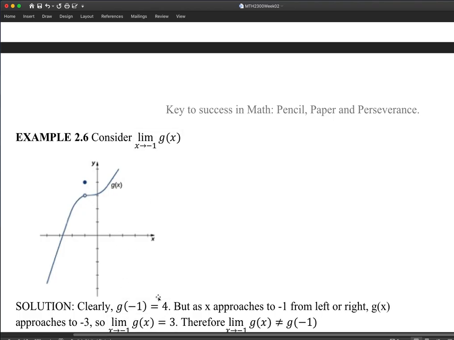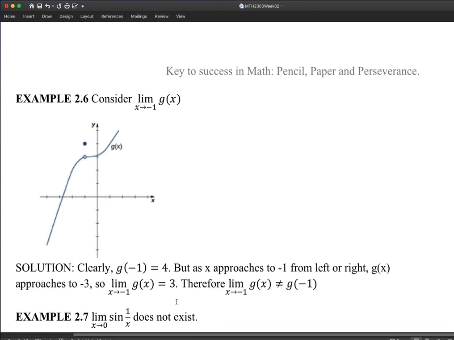And then when I observe the limit, I trace the curve for x values approaching -1 from the left. Would it make sense to you? Trace the curve for x values approaching -1 from the left. I am seeing everything being pushed into this little empty circle. So this is my conclusion.